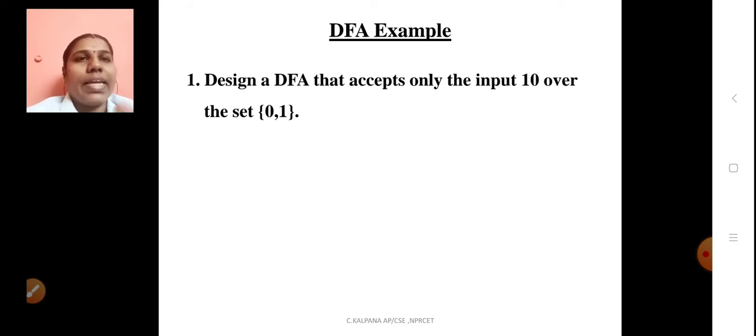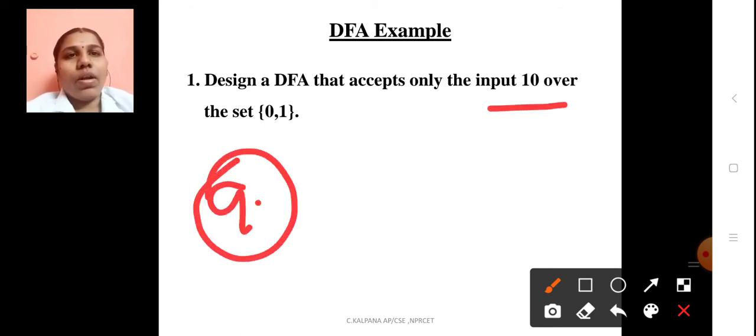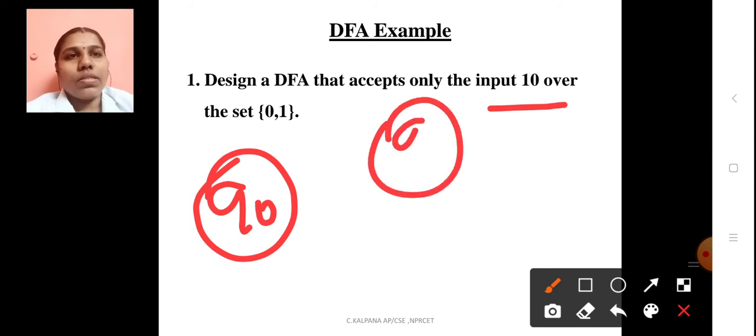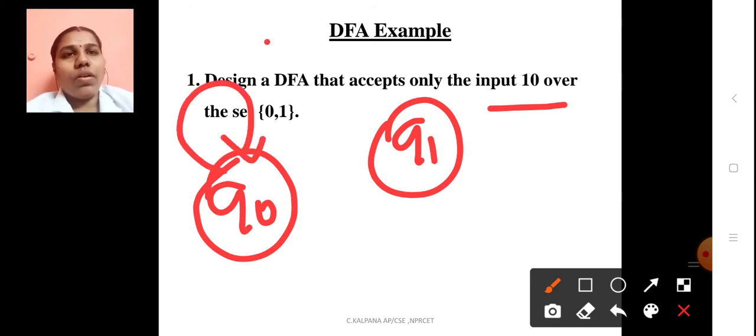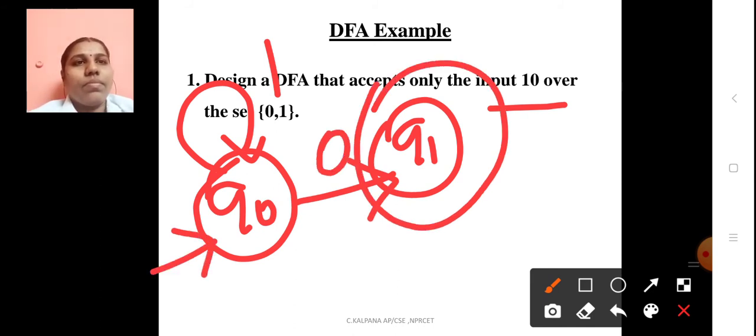Here I am just explaining the diagram itself. For example, here the input is 1 0. So I am going to take Q0 as start state and Q1 is the final state. Here the input is 1 0. So first we have to mark 1 here and 0, start state and final state.